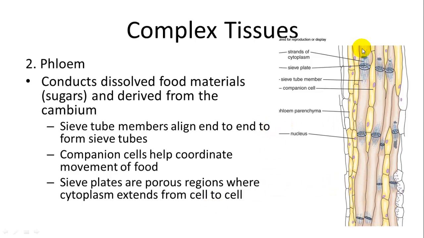You do have overlapping elements, and sieve tube members form these long sieve tubes. And then you also have companion cells surrounding them, which help to conduct and coordinate the movement of the food. They are porous at the ends so that they can connect from cell to cell.